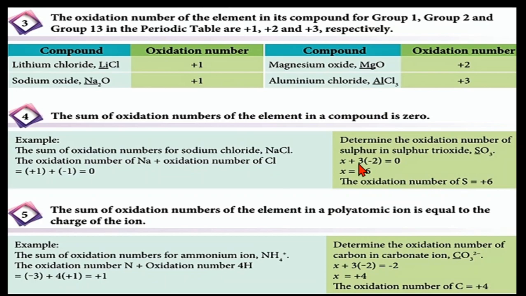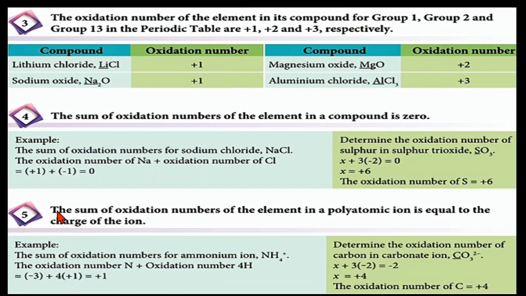So 3 times negative 2 is negative 6. So x minus 6 equals 0, so x is equal to positive 6. So the oxidation number of sulfur in sulfur trioxide SO3 is positive 6.